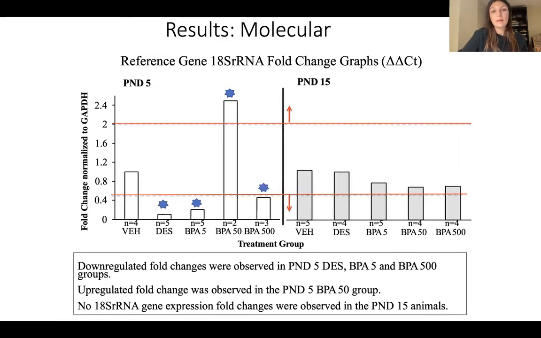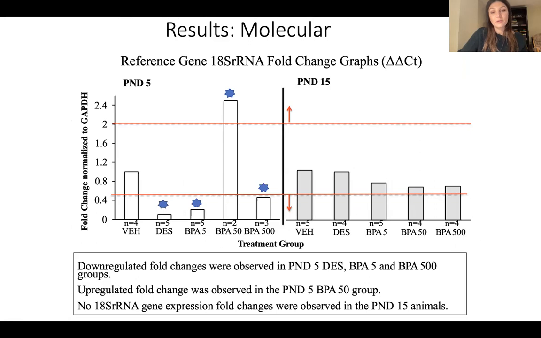In my reference gene, my 18S rRNA gene, I actually was surprised by this result because it showed that exposure to BPA and to diethylstilbestrol actually impacted the levels in this graph, which I wasn't really expecting.